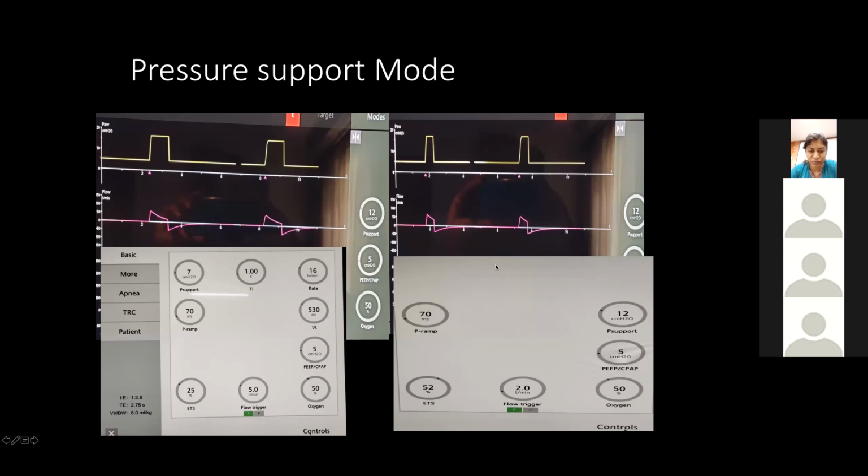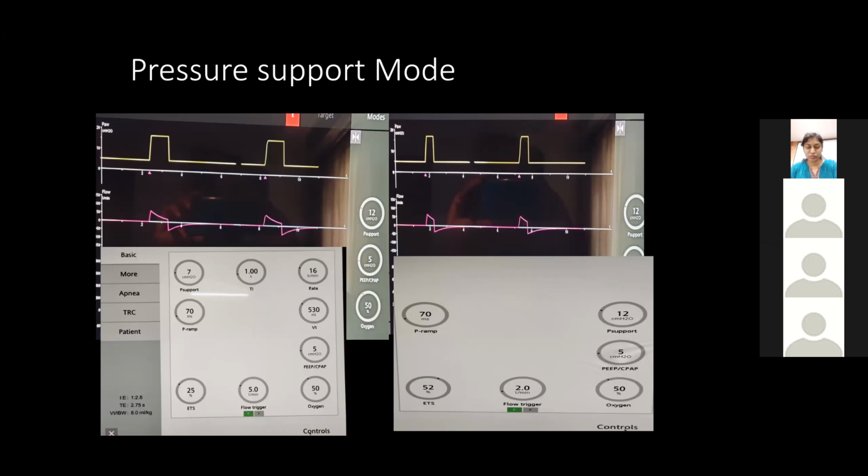In pressure support ventilation, there is no control over IE ratio and respiratory rate. You can only change the expiratory trigger sensitivity and rise time, and shorten or prolong the inspiratory time and control the IE ratio. Otherwise, the patient controls.